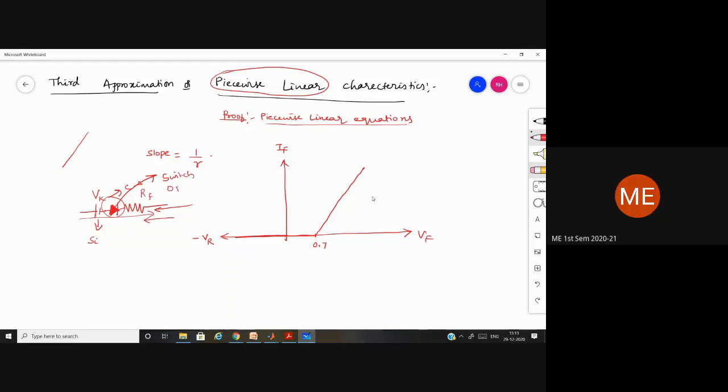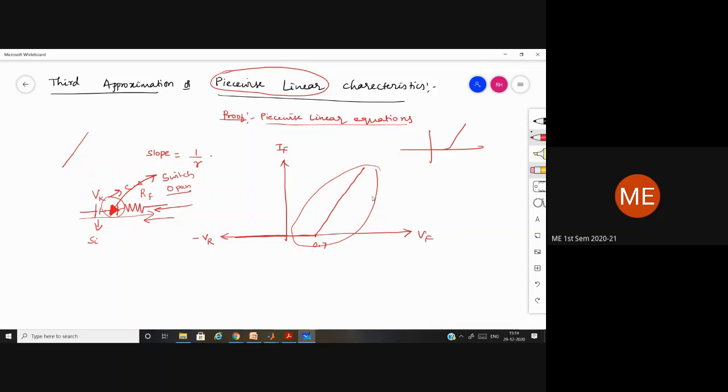Open switch. The diode is acting like an open switch. So when this is open, no current will flow. So they assumed in this model also that when a reverse voltage is applied, no current will flow. But when you compare these characteristics, are they matching with our practical characteristics, at least to an extent? Yes, sir. So they are almost matching.